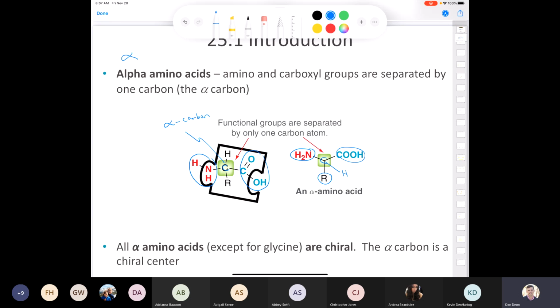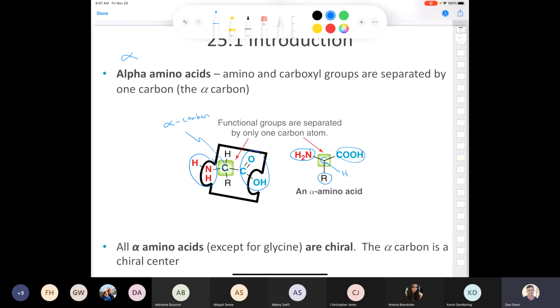The alpha carbon is a chiral center. So chirality is going to play a big role in this chapter because alpha amino acids, except for one, are all chiral.